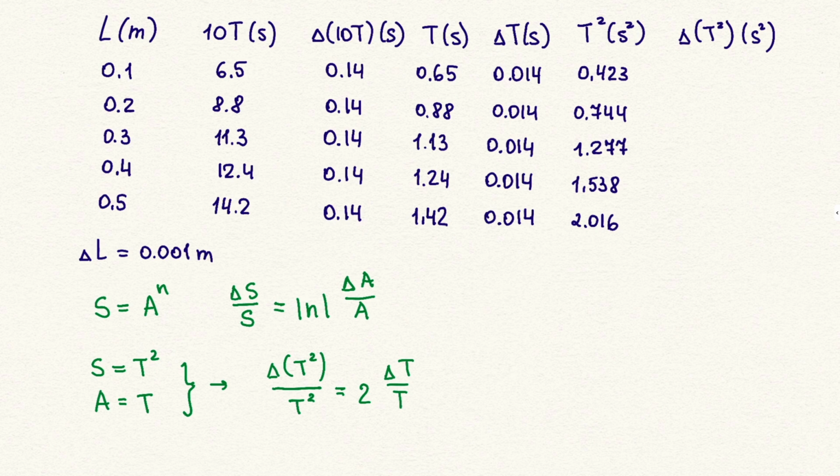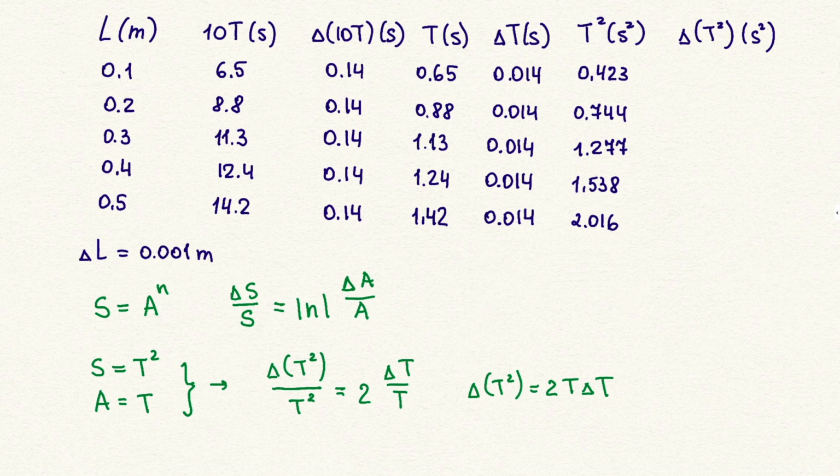And now I can multiply both sides of this equation by T squared, so I get the uncertainty in T squared equals 2T delta T, and I will do an example calculation for the first measurement. So for T, I will use 0.65 seconds, and for the uncertainty, I will use 0.014 seconds.